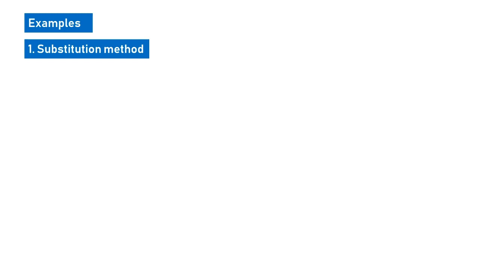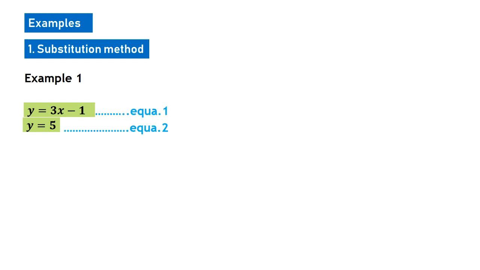So let's go. First example, we're given two equations: y is equal to 3x minus 1 and y is equal to 5. I've named them equation 1 and equation 2 so that you know which equation I'm talking about. These are definitely equations of straight line graphs.